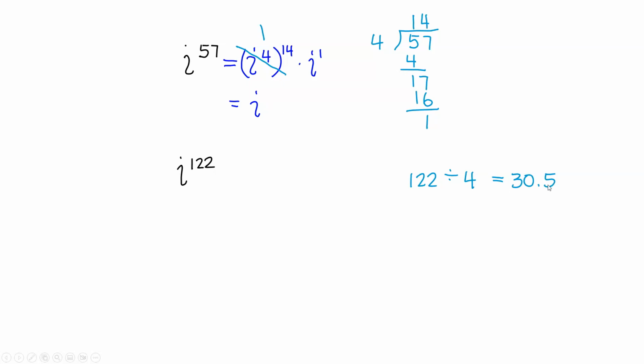Because I'm getting a 0.5, it means I had a remainder of basically 2 out of 4 when I did this. And so the remainder was 2, which means this is the same thing as i squared, and i squared is equal to -1. So this would just equal -1.